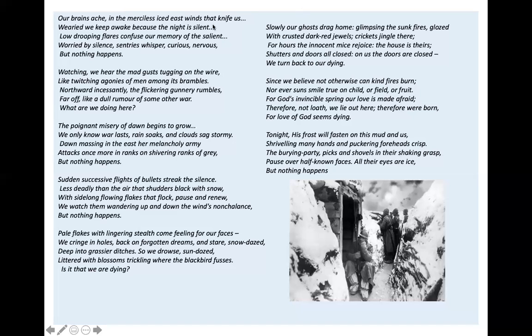Salient rhymes with silent, so we have another B. And then nervous rhymes with knifus. So A, B, B, A. This rhymes with nothing, so it's a C. And that continues throughout the poem, giving us this almost ordered rhyme scheme here, A, B, B, A.